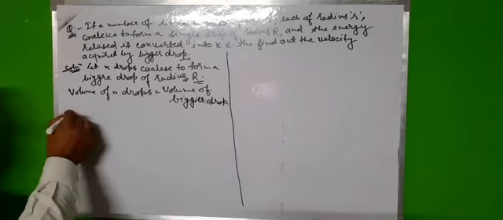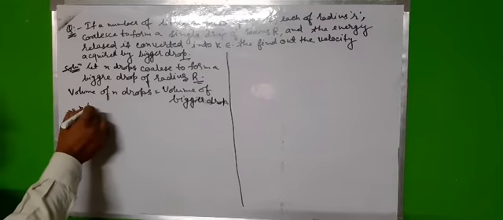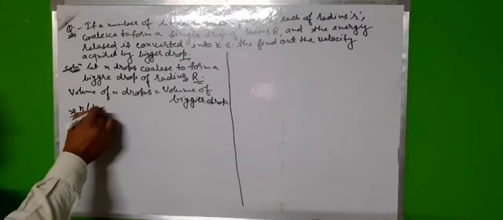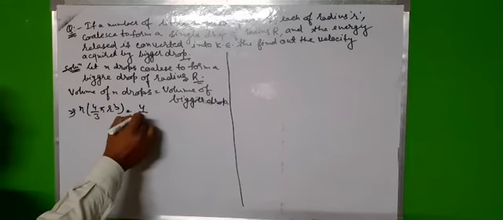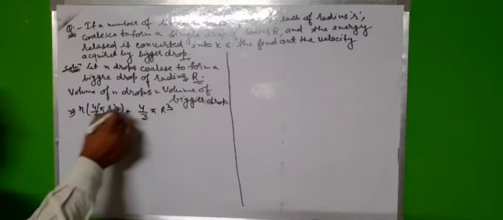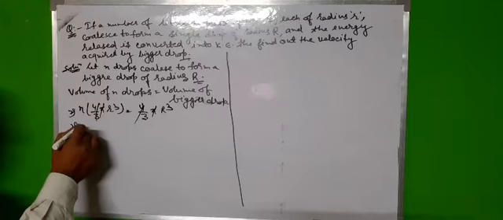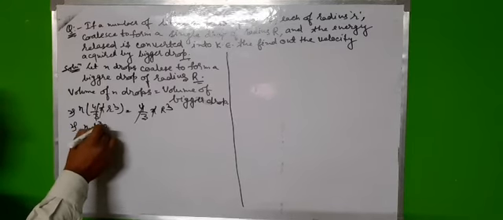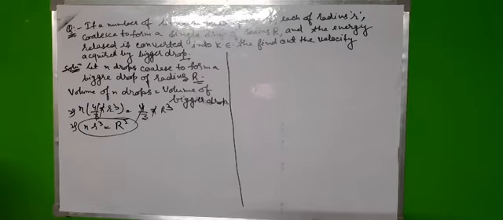We can write it as n into 4 by 3 pi r cube, that is equal to 4 by 3 pi capital R cube, and 4 by 3 cancel out, pi to pi cancel out, and from here n r cube is equal to capital R cube. Let it remain over here.